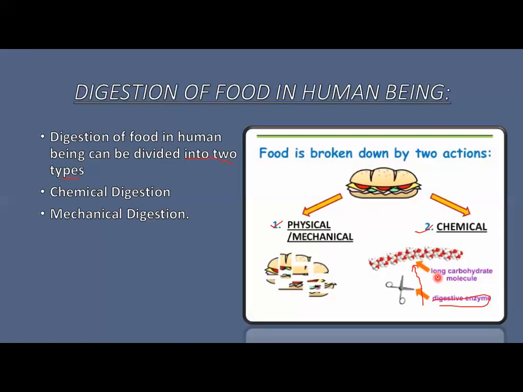Because it cannot cross our partially permeable cell membrane. And if it cannot cross the partially permeable cell membrane, food cannot enter our bloodstream. And if food does not enter our bloodstream, we cannot get any energy from our food. So if you want to get energy from the food, your food must be broken down into smaller pieces. So this involves mainly two different types: physical or mechanical digestion, and second, chemical digestion.